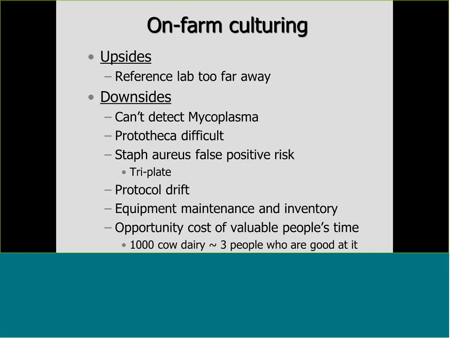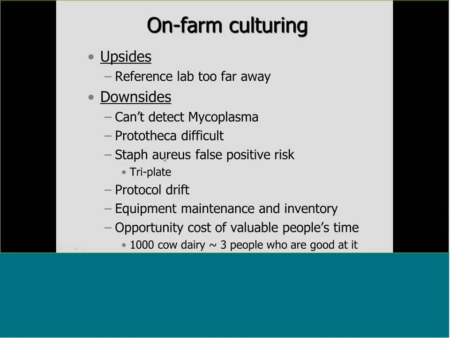So, on-farm culturing. Upside of doing that: a reference lab is too far away, and you just want to do it yourself. Downsides: Mycoplasma cannot be detected with standard conditions, okay? Prototheca is a little difficult to do.